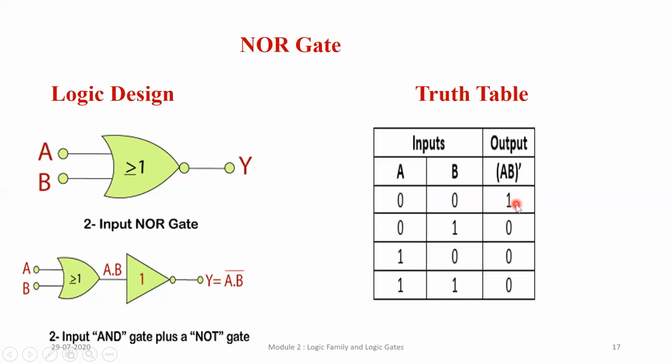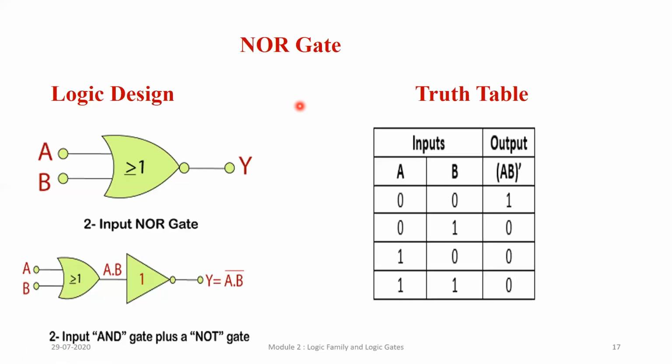So that is my NOR gate. 0 plus 0 is 0, but the complement of it gives me 1. 0 plus 1 is 1, but the complement of it gives me 0. 1 plus 0 is 1, but the complement of 1 gives me 0. 1 plus 1 is 1, and the complement of 1 is 0. This way you can remember the truth table of a NOR gate.